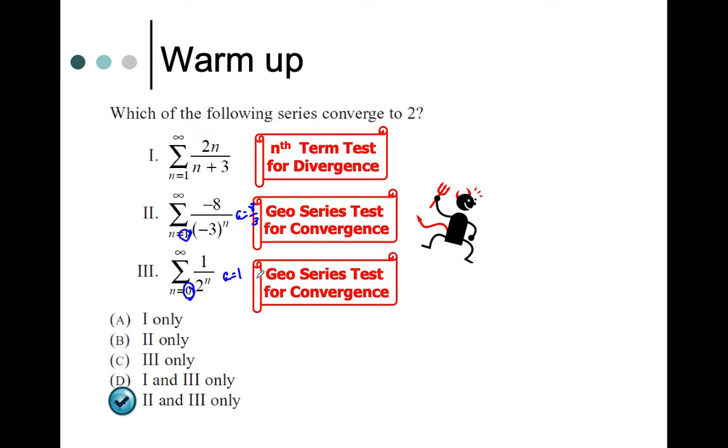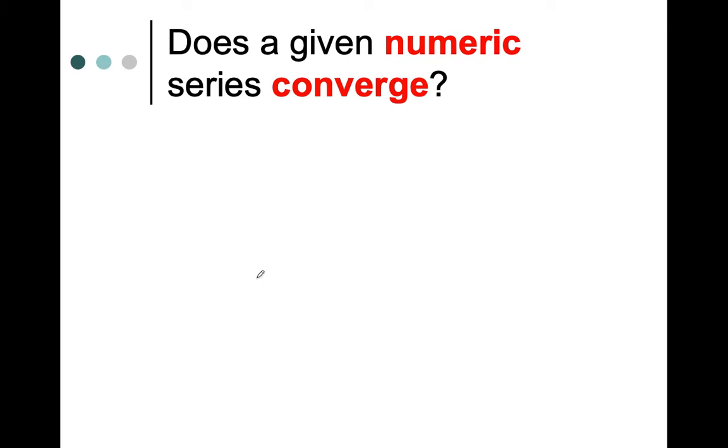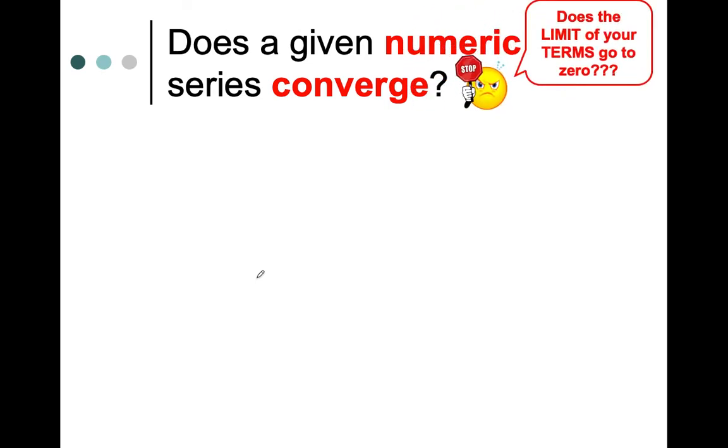All right, so I'm going to talk some more about geometric series as this PowerPoint is going to talk about when does a numeric series converge. So any numeric series, you should always start with the easiest test, not for convergence, but for divergence. Look at the limit of those terms, especially if it doesn't appear to be geometric or anything like that.